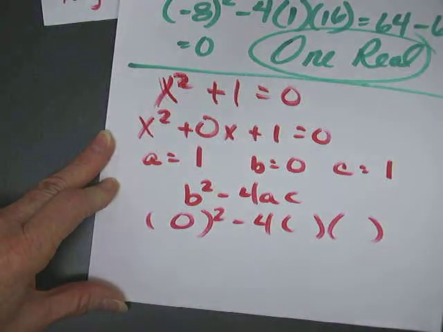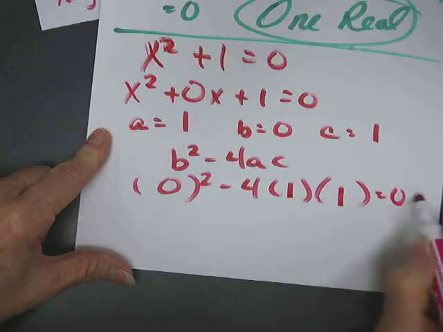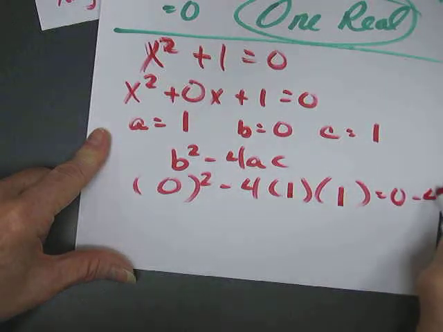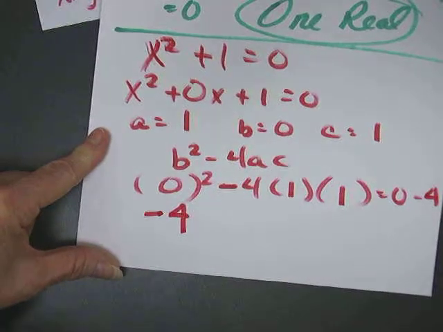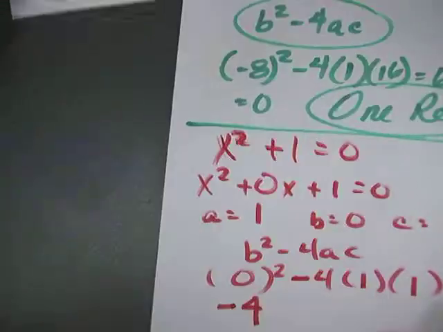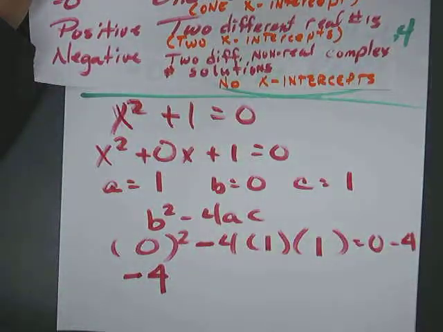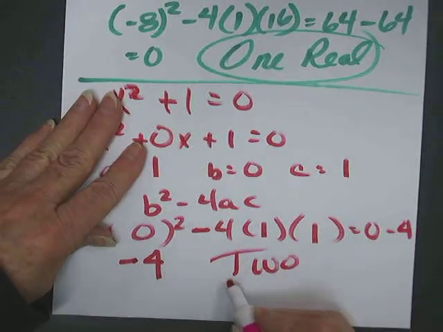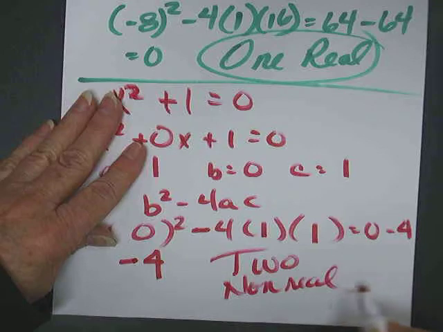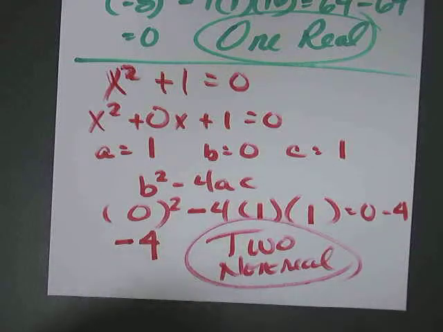Okay, so we have b squared minus 4ac. b squared is 0. Then 0 minus 4 is negative 4. Not 4, negative 4. If it's negative, what do its answers look like? Two different non-real solutions.